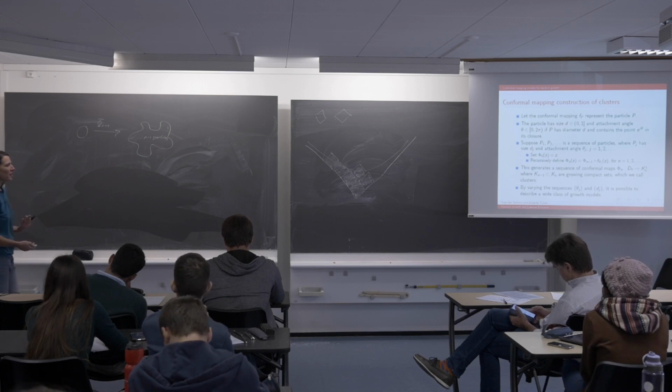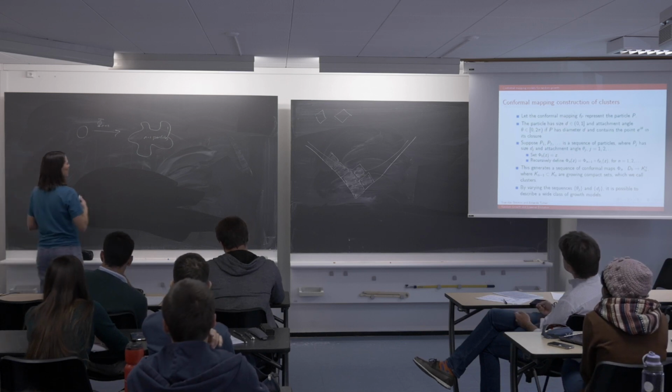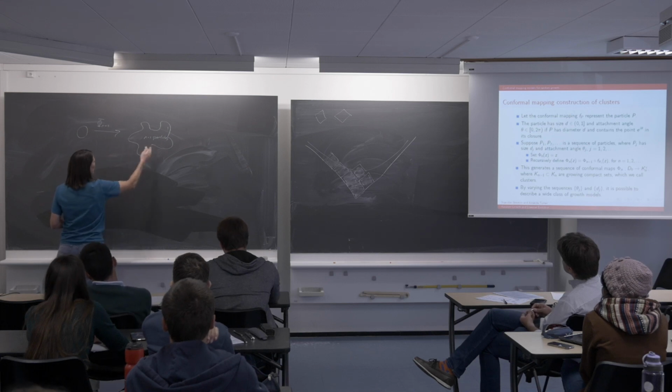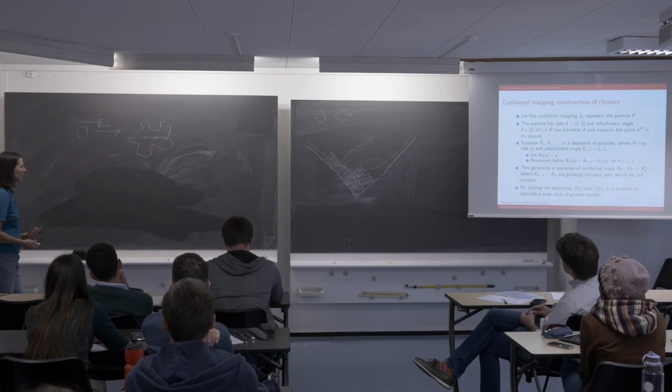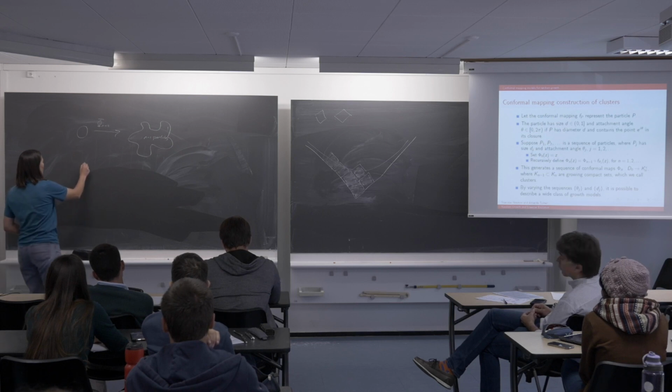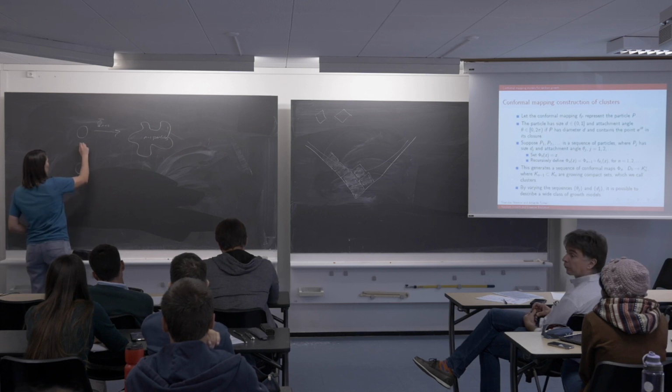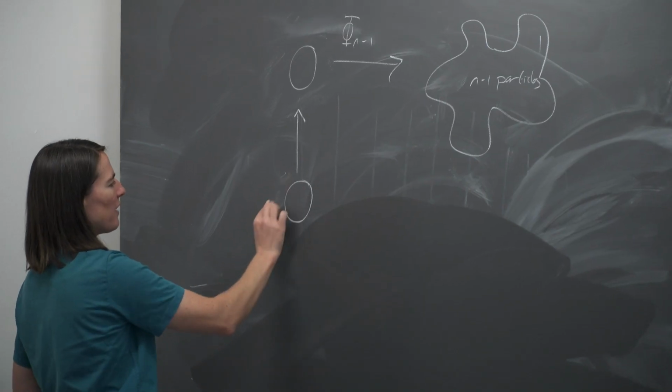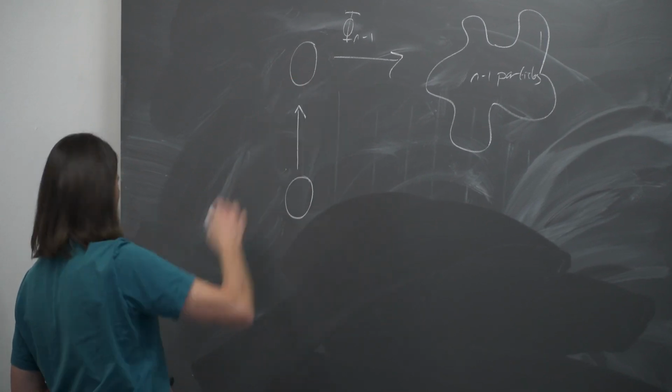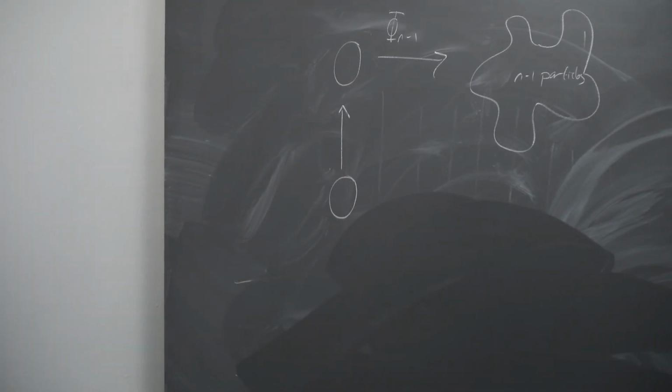So for my recursive process, I now want to construct my map to a cluster having n particles. Well, how do I do that? Well, I know how to construct a map from the exterior of the unit disk to the exterior of the unit disk without one particle.